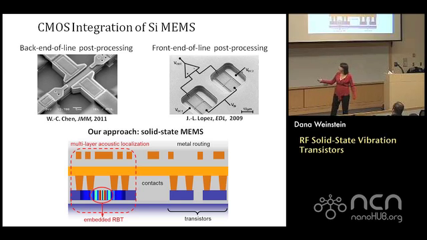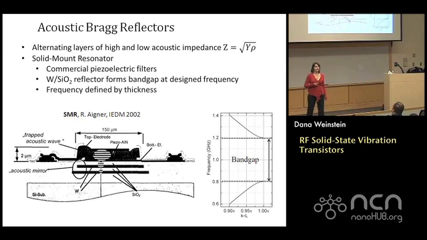Now, in order to get acoustic confinement in this essentially non-homogeneous medium, what can we do? So we decided to take a page out of the book of Acoustic Bragg Reflectors. They've been around for a little while. There are commercially available resonators using acoustic Bragg reflectors.